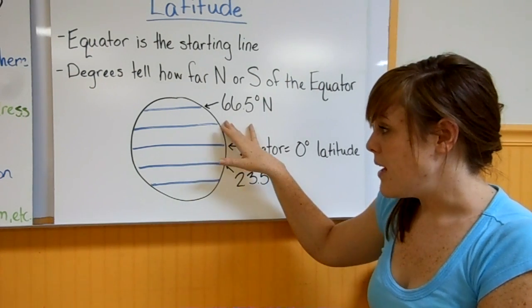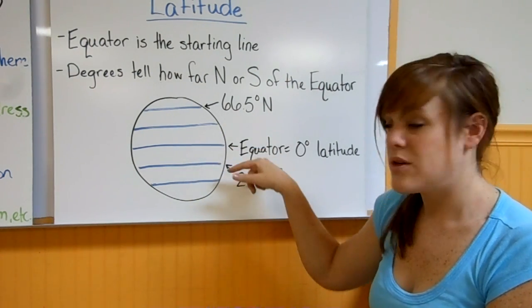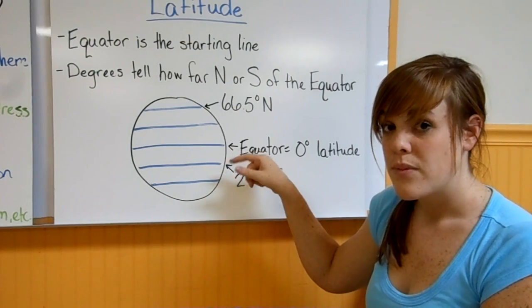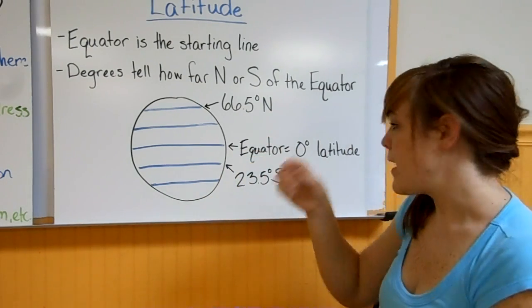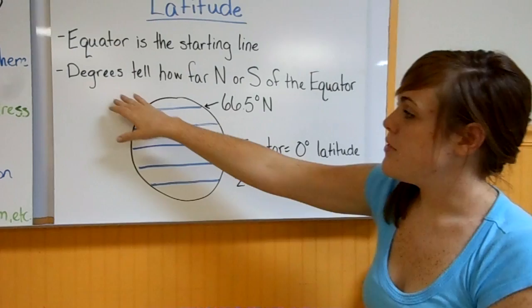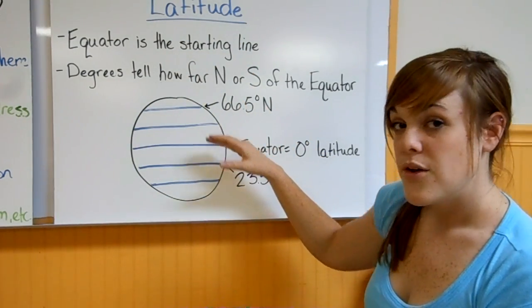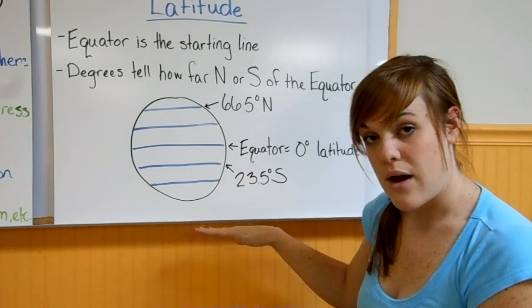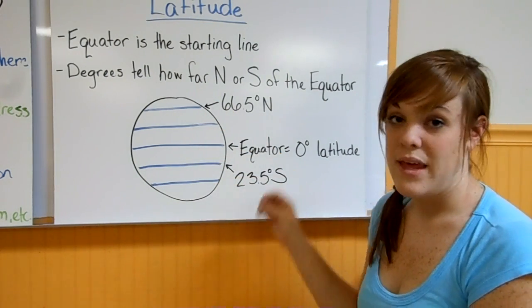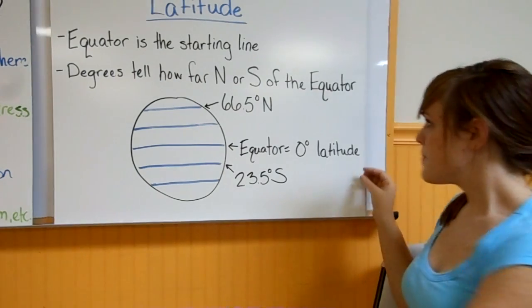If you start up here and then count 23.5 degrees, it won't be right. You always start at the equator. The degrees in latitude tell us how far north or south we are from the equator. Okay?